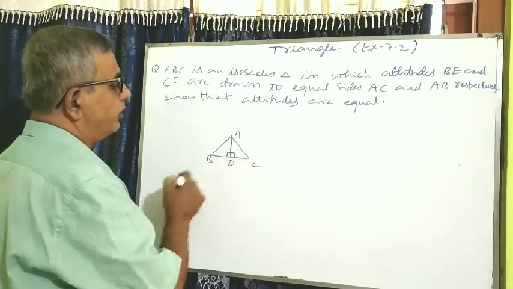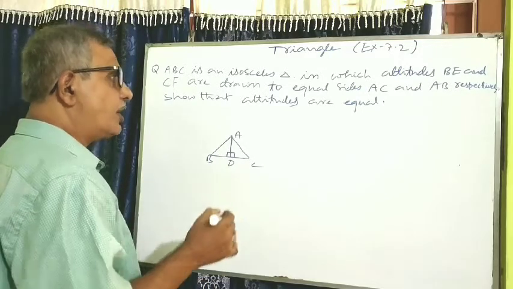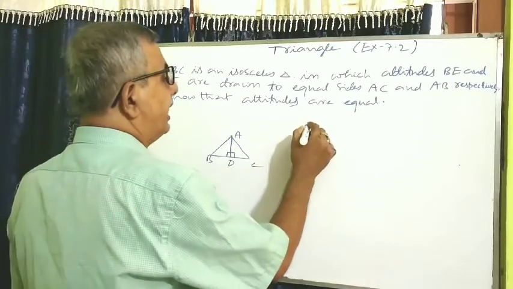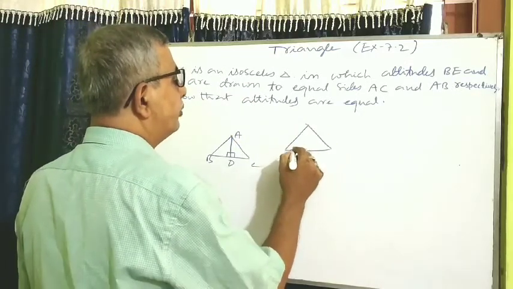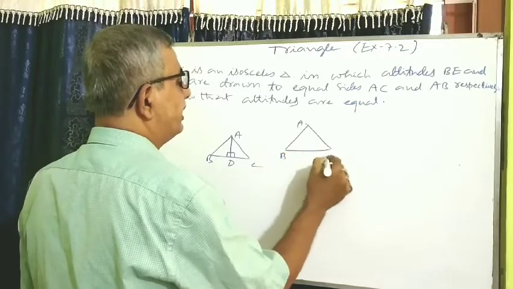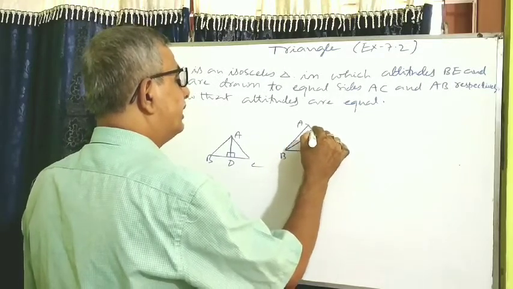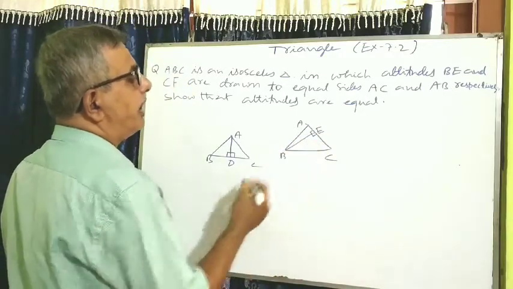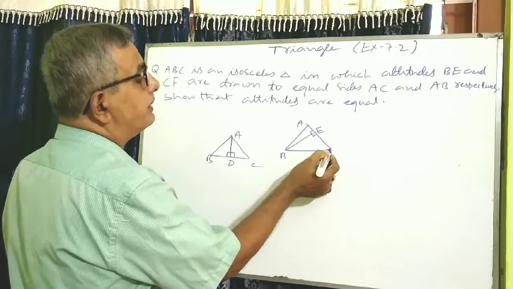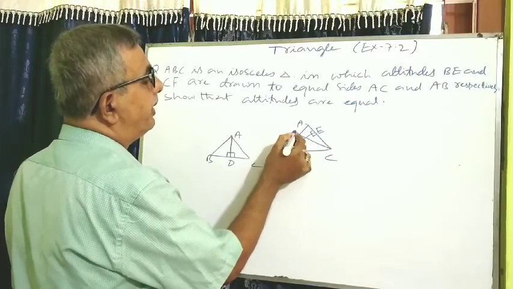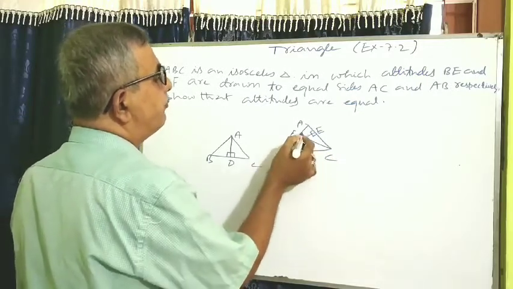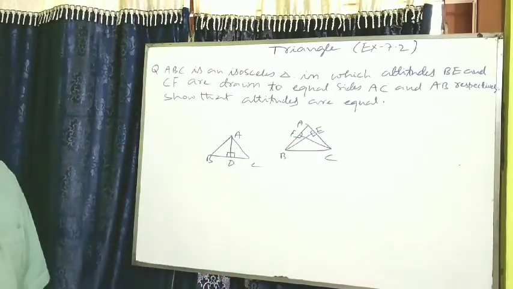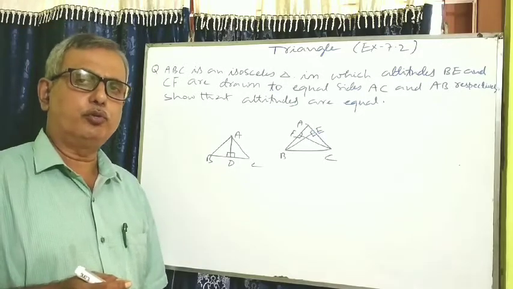So AD will be called an altitude. It is not that an altitude will always be from top to bottom. Here you see another altitude. Here the triangle is ABC, but the altitude is like that. BE is perpendicular to AC, so BE will be called an altitude. Or if CF is perpendicular to AB, then CF will be called an altitude. So like that, you got the knowledge of altitude.